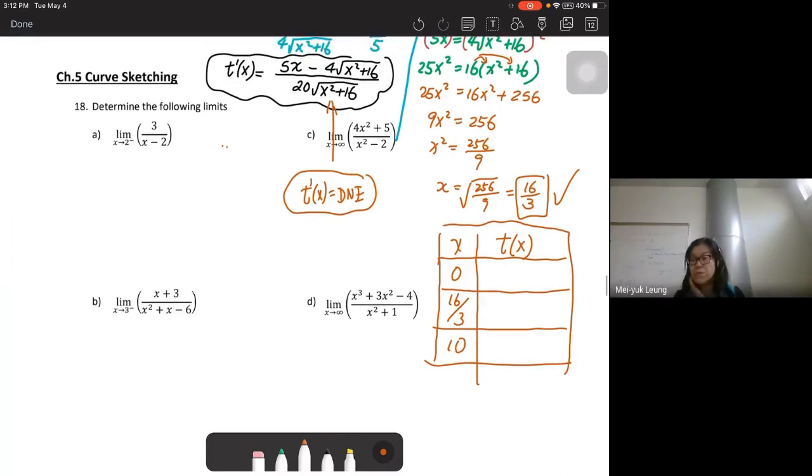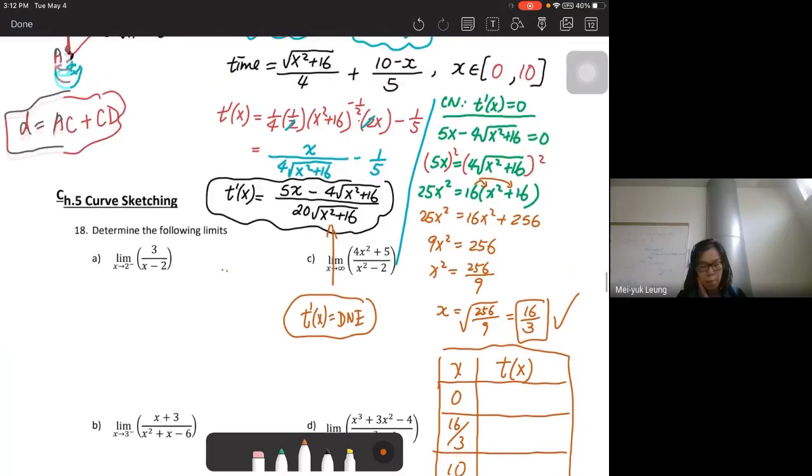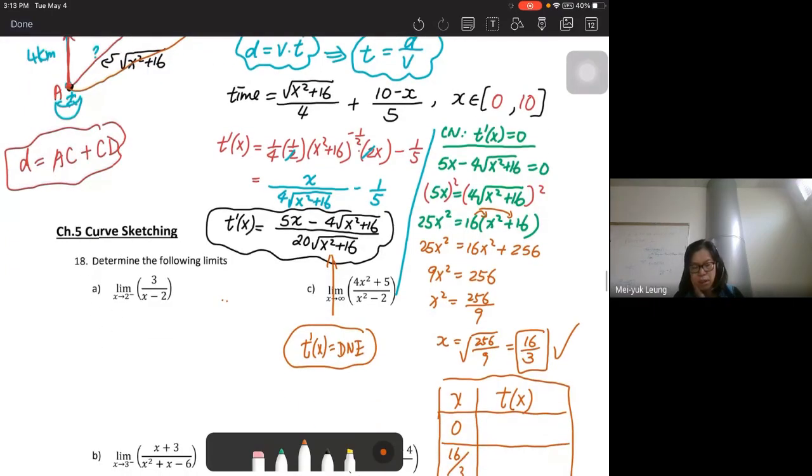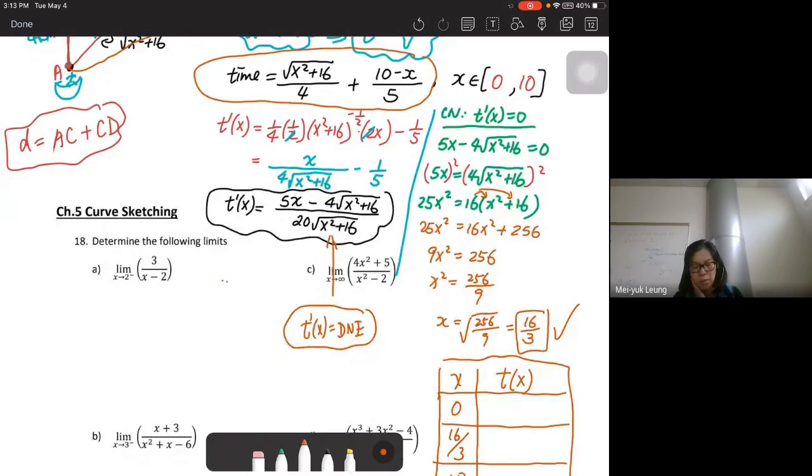So when x is equal to 0, that means the man is going all the way to this point D, so he doesn't need to run at all. So you're looking at the function value of t. Try to plug in x equal to 0.